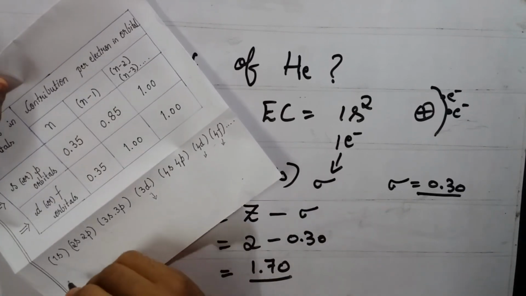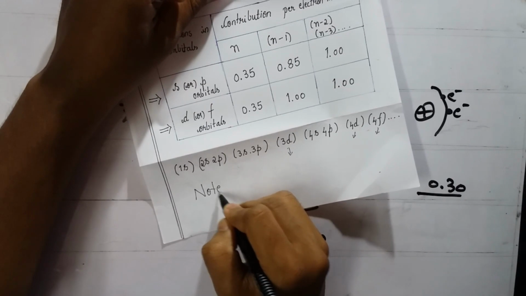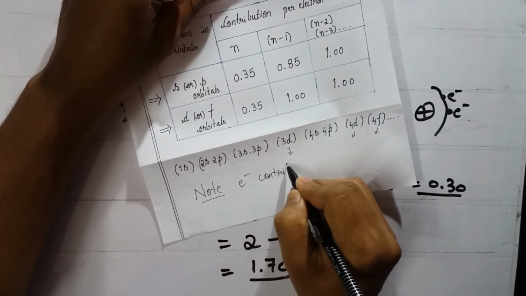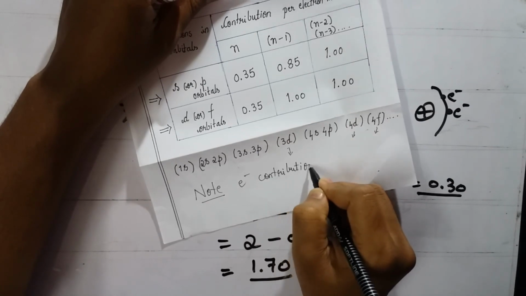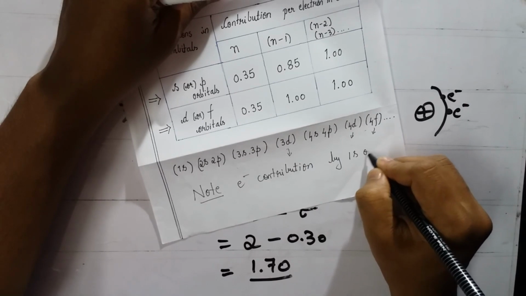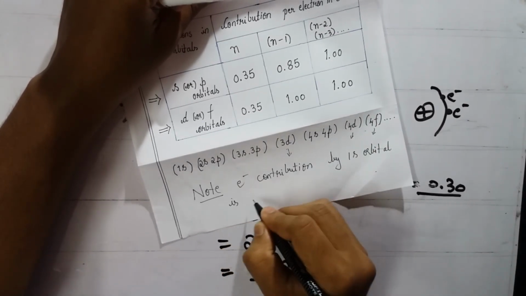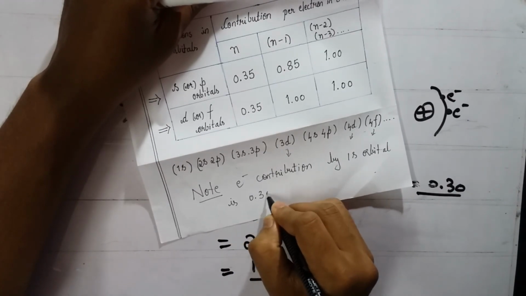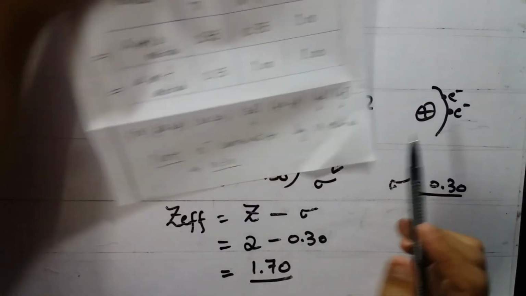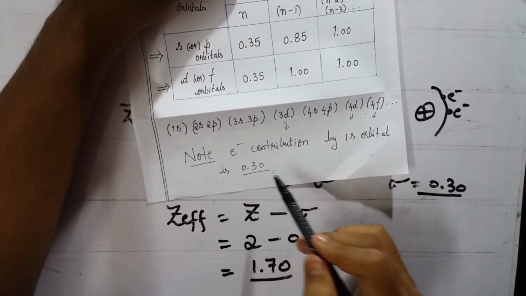Just remember one thing: if it contains only the 1s orbital, the electron contribution by a 1s electron is 0.30.